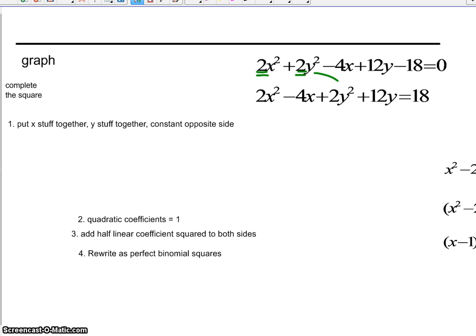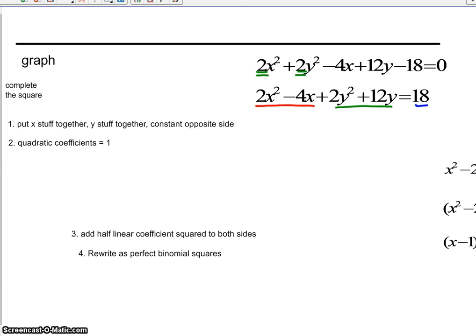And then I put the y squared over here so it's with the 12y. And then what I also did was I threw the 18 to the other side, and again, change sides, change signs. And so now I'm in that first step. X stuff together, y stuff together, constant alone. Okay.